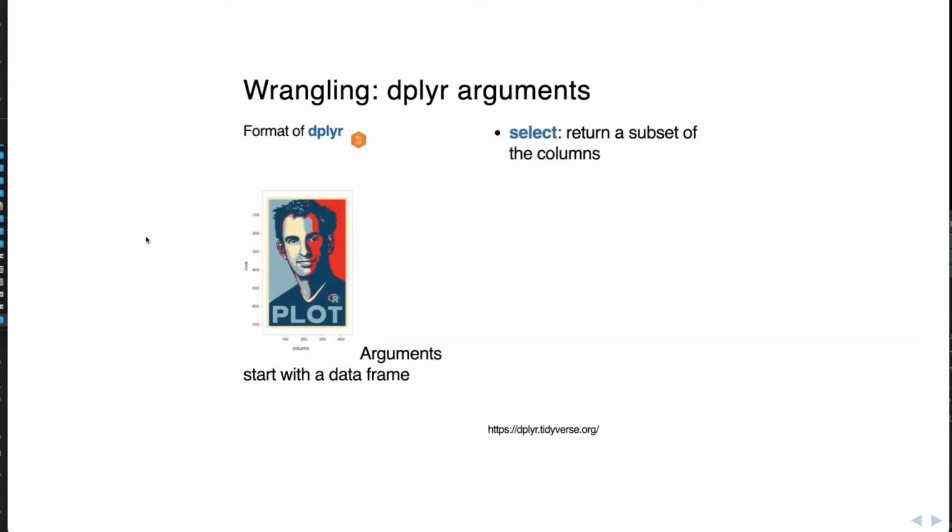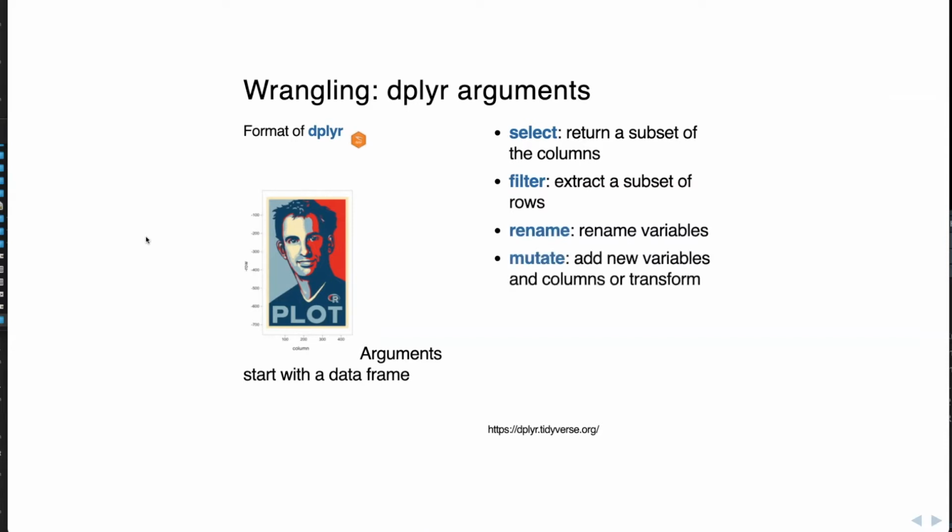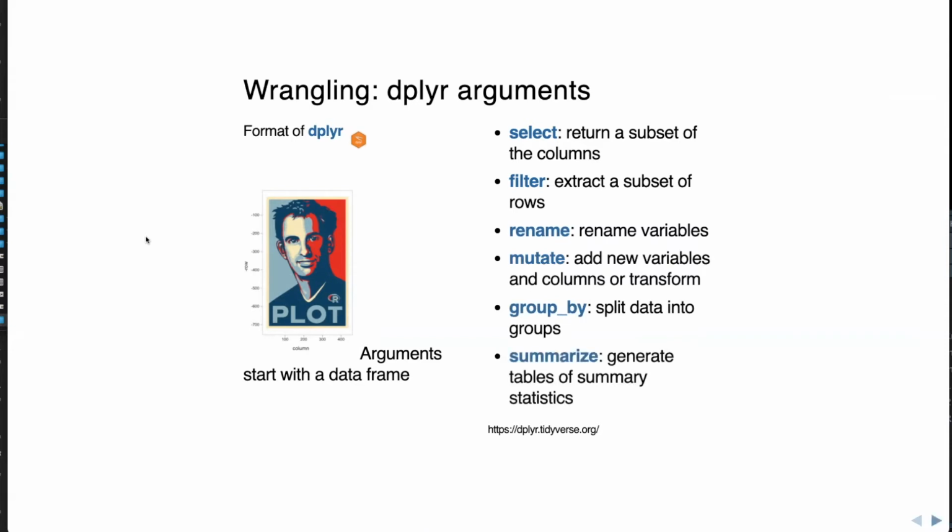So we can use select to return a subset of the columns, filter to extract a subset of rows, rename to rename variables, mutate to add new variables, group_by to split data into groups, and summarize to generate tables of summary statistics. We'll use all those functions.